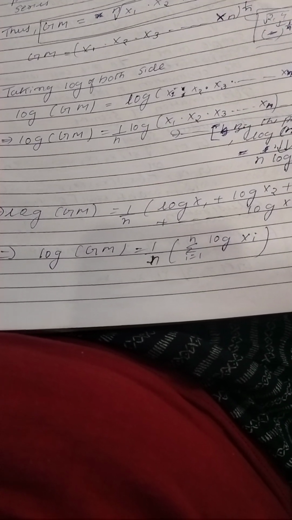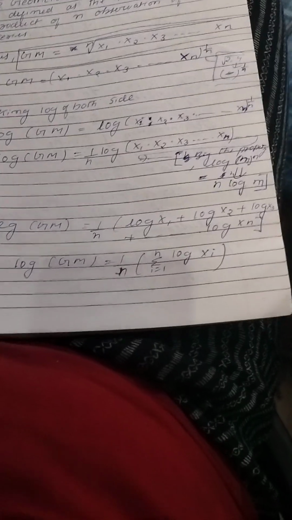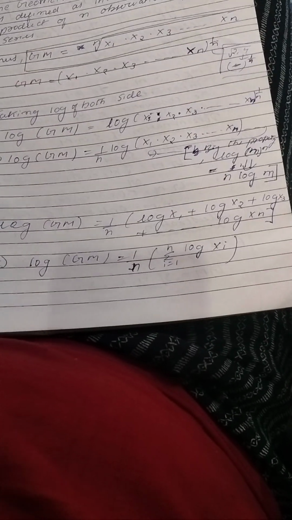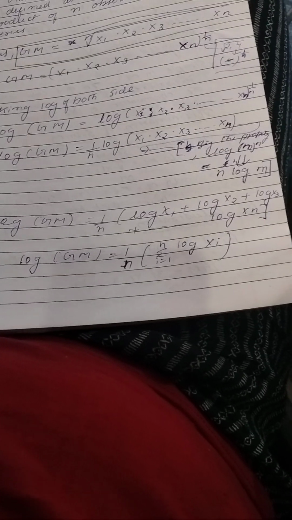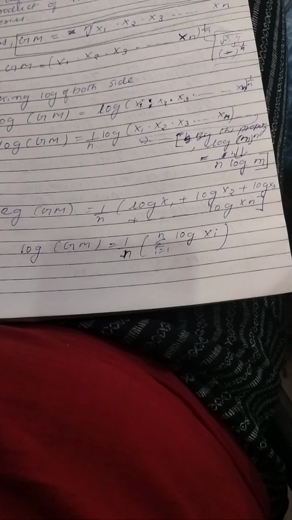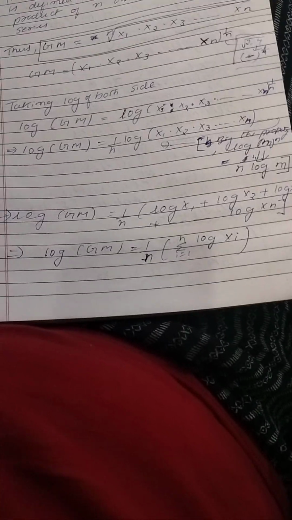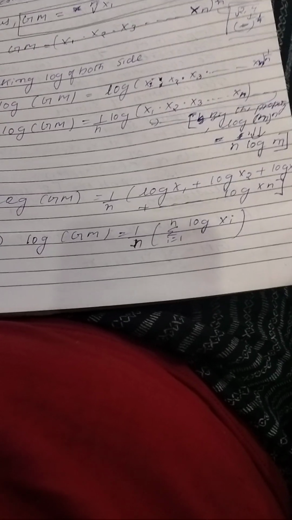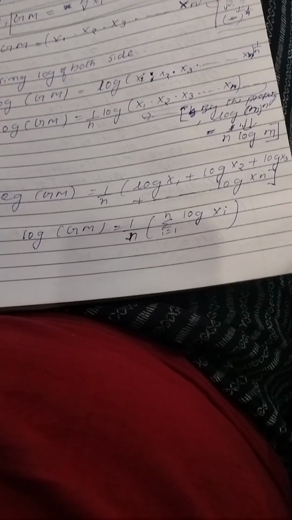While implementing the log, we use the property of logs: log m to the power n can be written as n log m. In basic terms we say m to the power n, but in log form you write n log m, where the power is written first, then the log, and then m.